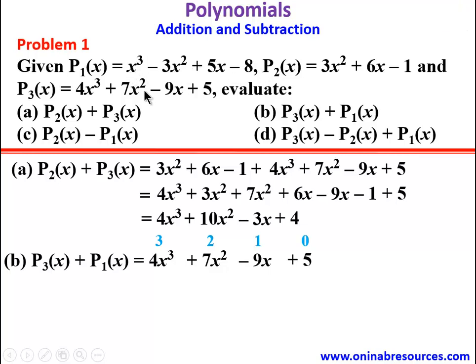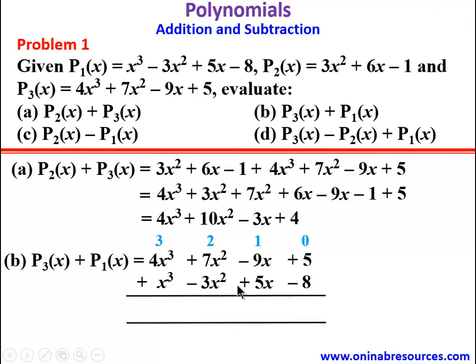So the x raised to the power 3 comes under 3, which is invariably under 6x cubed. So we have plus x cubed, then minus 3x squared comes under 7x squared, and plus 5x comes under negative 9x, then minus 8 comes under positive 5. Then we now add.